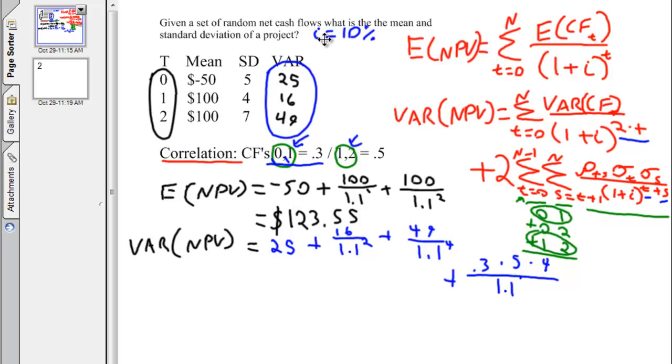So raised to 1, and that's all multiplied by 2. All right, and then we add one more factor down here: plus 2 times the second correlation component, which is 0.5 times 4 times 7, divided by 1.1 raised to t plus s, or 3, right? Because cash flows 1 and 2 gives 3.